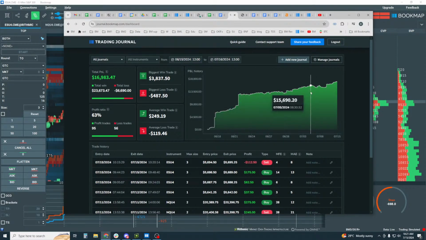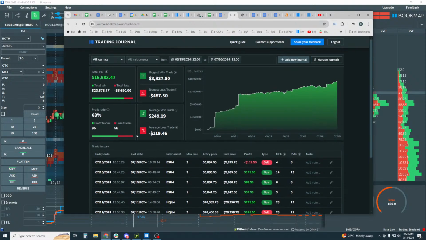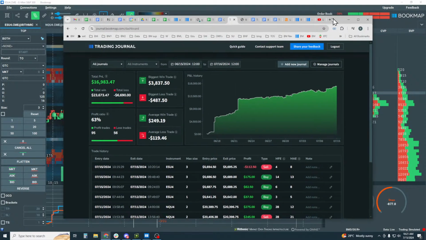We've got the visual of the profit and loss, your profit ratios of winners versus losers, your biggest winner, biggest loser, and your average winner, average loser. This is really good stuff, and you should be tracking all of this for your trading journal.